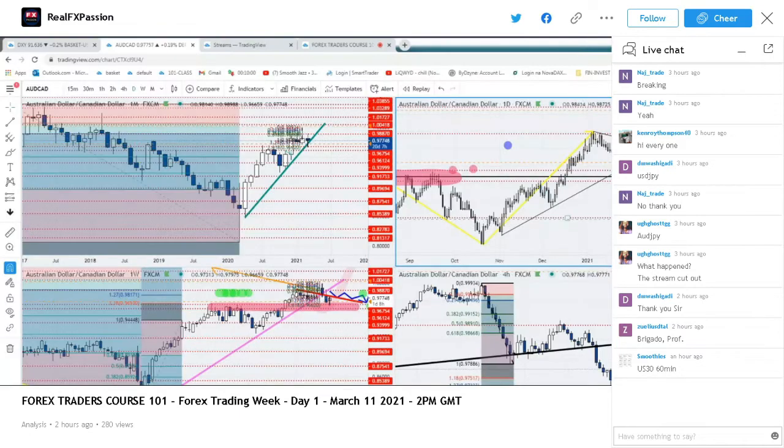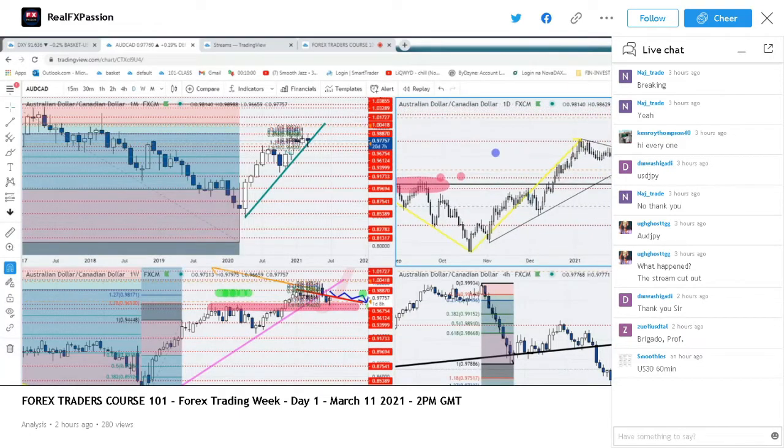Then instead, let's jump to the charts, everybody. So we are starting the Forex trading week. Please type in the chat, everybody, the currency pair that you are interested in and the time frame. Maybe a currency pair that you are already in a trade or you are looking to trade and the time frame.